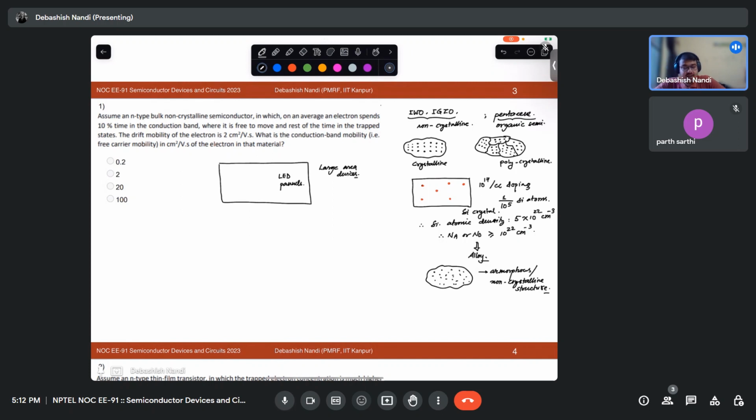You must have seen that there are now television screens which are almost 120 inches, from LG, Samsung, Panasonic. Majorly LG creates these glass panels. So what they do is, they take a substrate. What is the substrate for our conventional crystalline semiconductors?